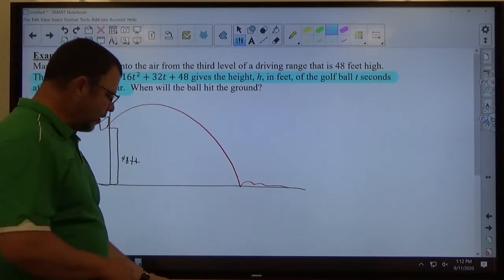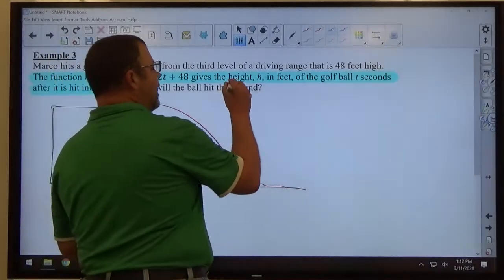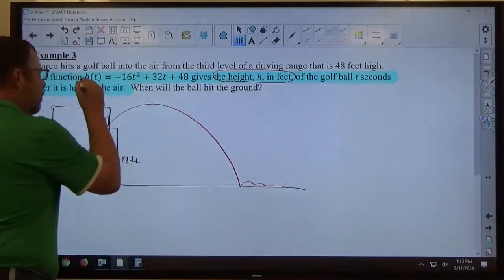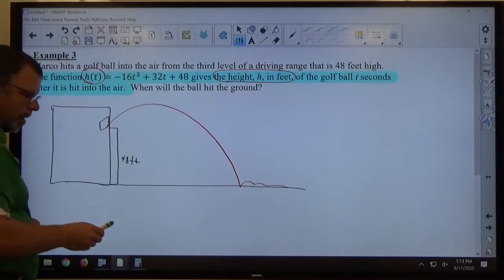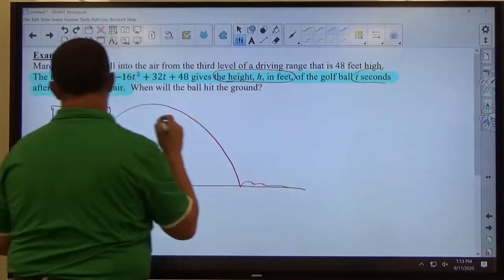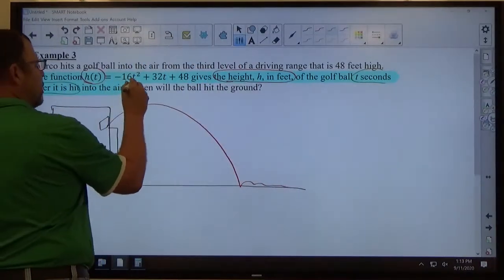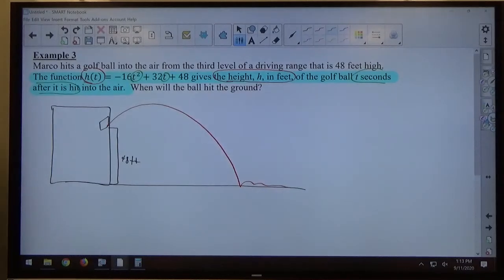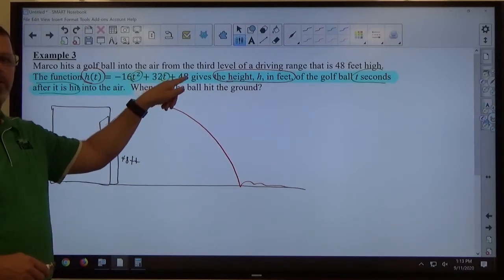They tell us within the words here that the height h in feet, so h of t represents the height of the ball in feet, t seconds after it is hit, so t represents the time after it's hit. So if time equals 0, as he's making contact with the ball, 0 plus 48 is 48 feet high.